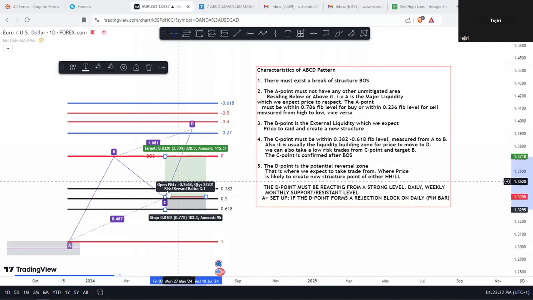You can take a trade from C and target B while we wait for D to be created. So that's what I mean by that.